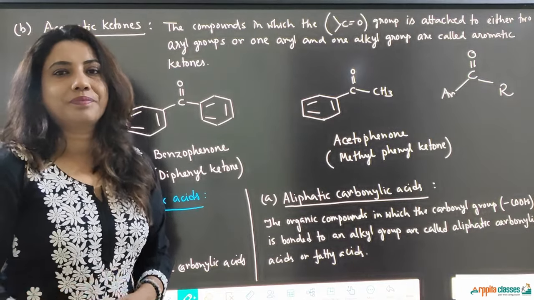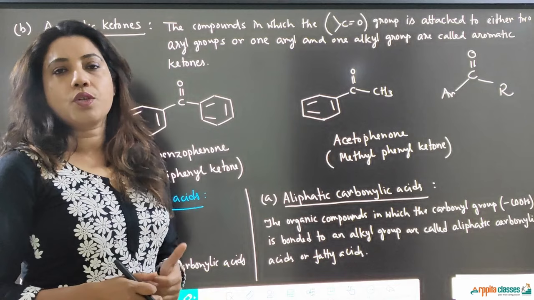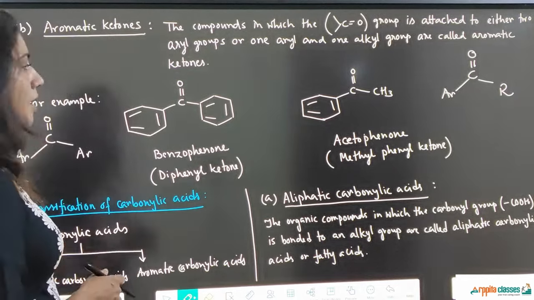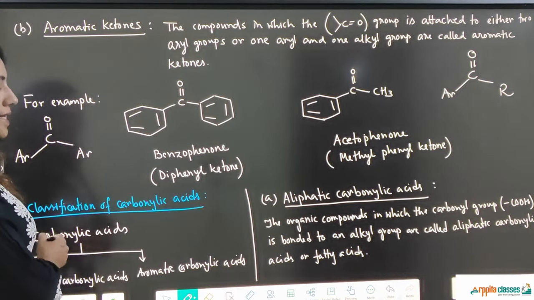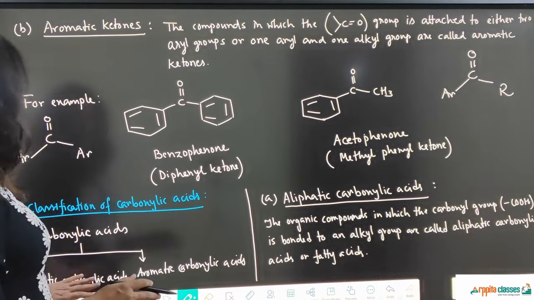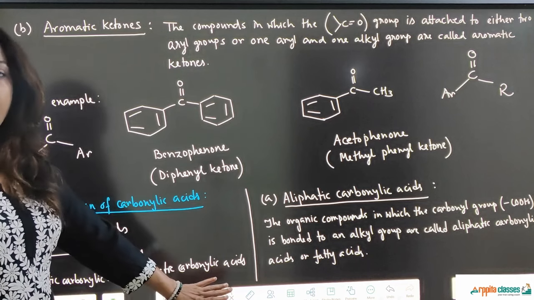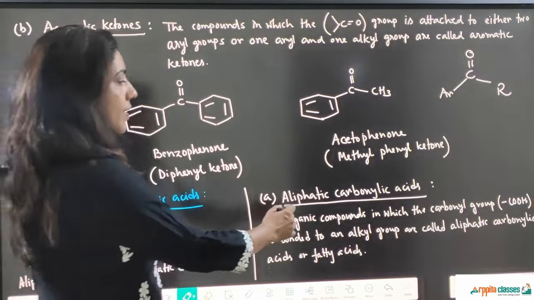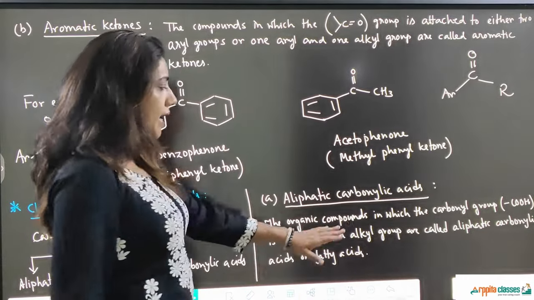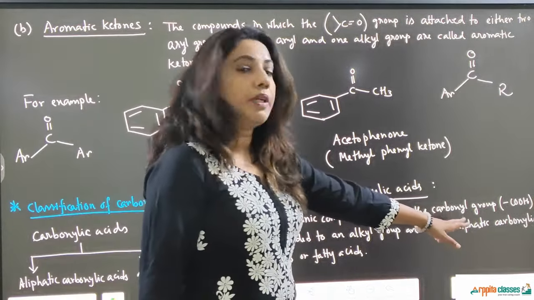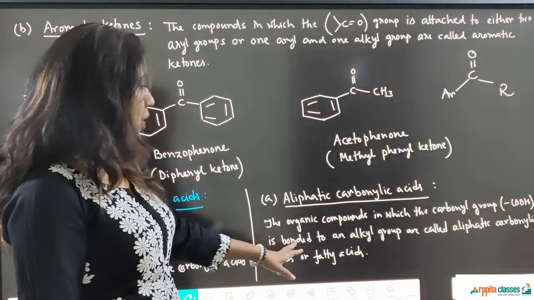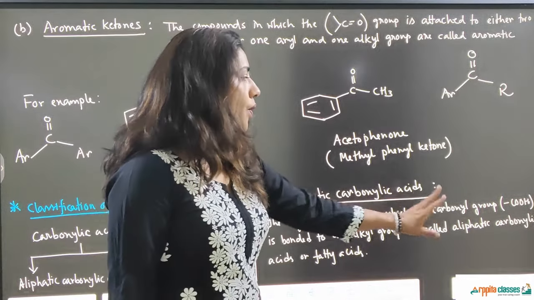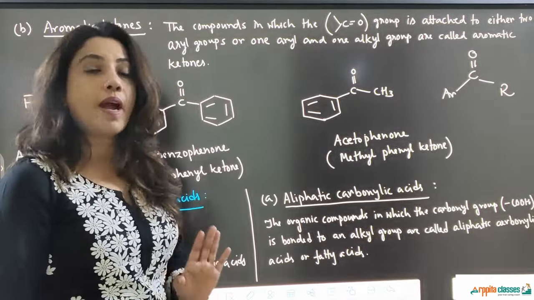Okay. So now we proceed to the classification of carboxylic acids, the third compound of this chapter. Carboxylic acids also can be broadly classified as aliphatic carboxylic acids and aromatic carboxylic acids. Aliphatic carboxylic acids are the organic compounds in which the carboxyl group, that is the COOH group, is bonded to an alkyl group, and they are called aliphatic carboxylic acids or fatty acids.